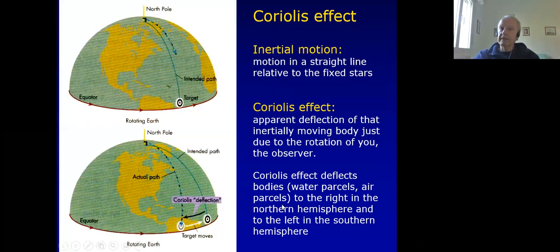Now we come to another important force, which acts on the Earth due to the fact that we are in a rotating system, which is the Coriolis effect. The Coriolis effect is the apparent deflection of an inertially moving body just due to the rotation of you as observer.